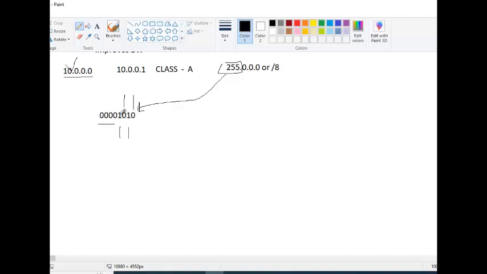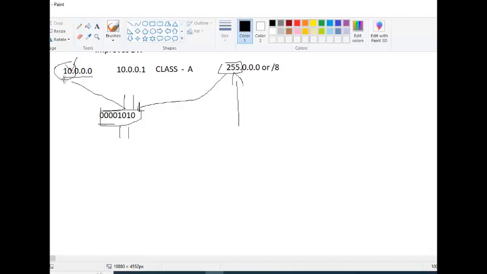They are constant. That is the meaning of subnet mask. Subnet mask tells how many bits are given for network. And then this number tells that these are zeros and only 2 bits are 1. So this is one network, 10 network.